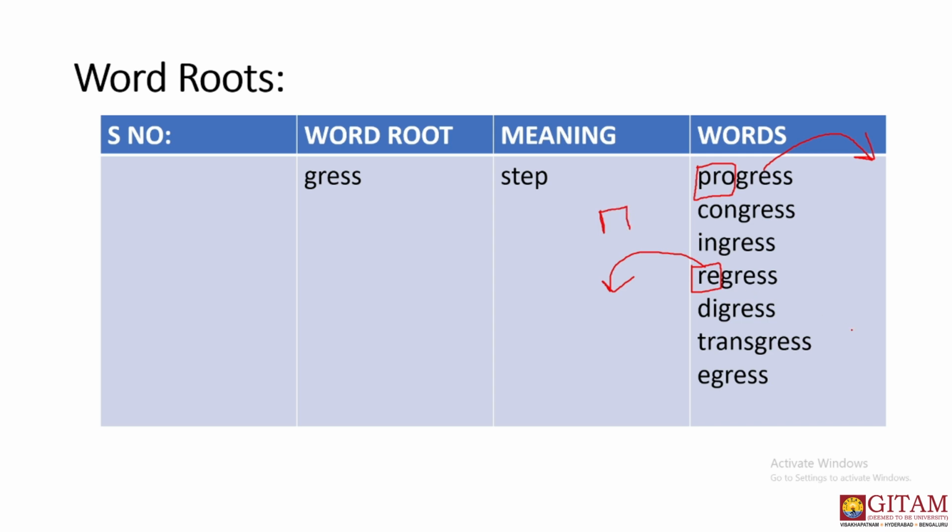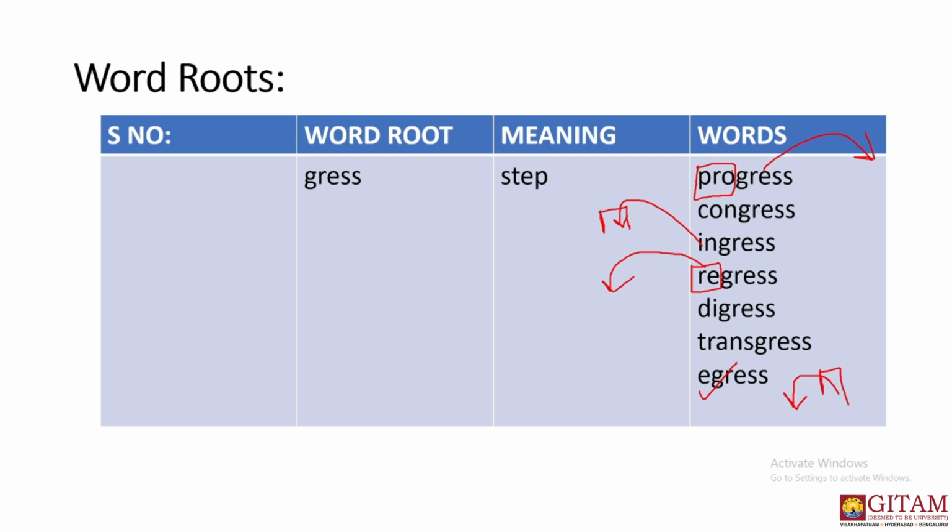Now let us take this as an entrance and exit of a room. Okay, if you take one step inside, that is ingress. Now if you take one step outside, that is egress. Right? Shall I repeat?